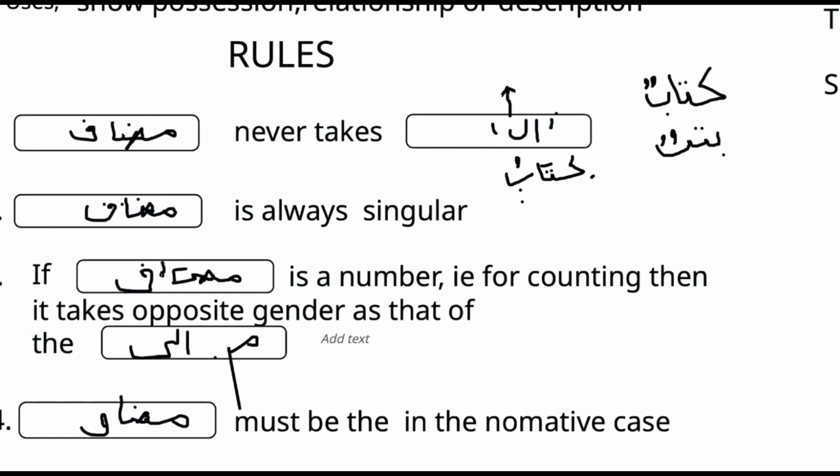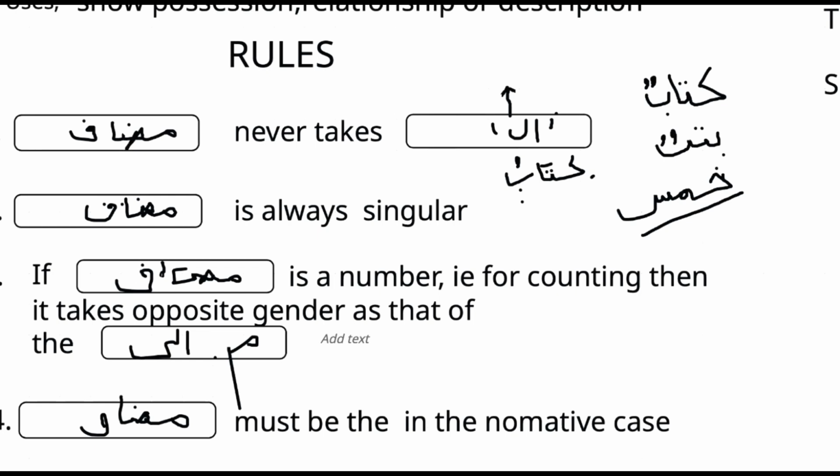Then also, when the Mudhaf is a number, let's use khamsa as an example. This is a number that means 5. Whenever you have a noun as a Mudhaf and it's for counting, you always take the opposite gender. So let's say this was describing bintun, that is a girl.